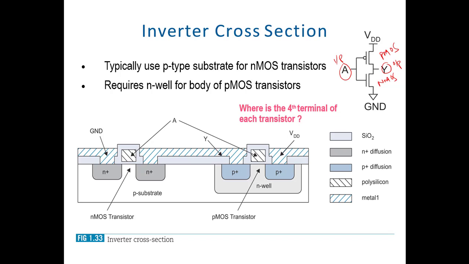This is the source, this is the drain, this is the source. The source is connected to VCC and ground. So this is the CMOS inverter, and on this side you see the whole layout.